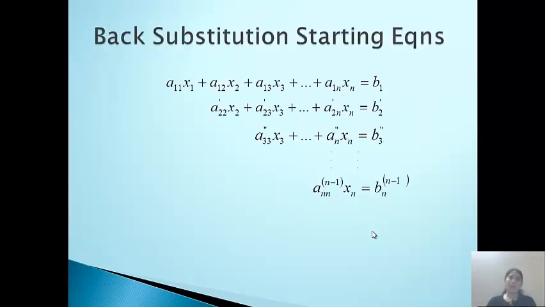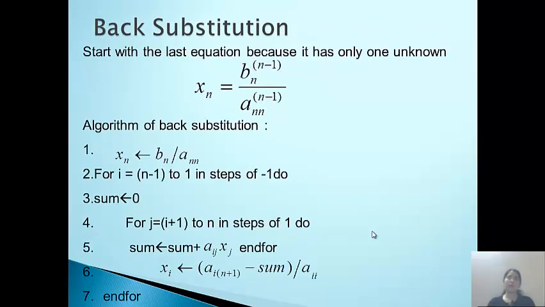Now we will follow back substitution. Back substitution will start using these equations. Back substitution means to evaluate first xn, and use it to evaluate xn minus 1, and using xn minus 1 we can evaluate xn minus 2.